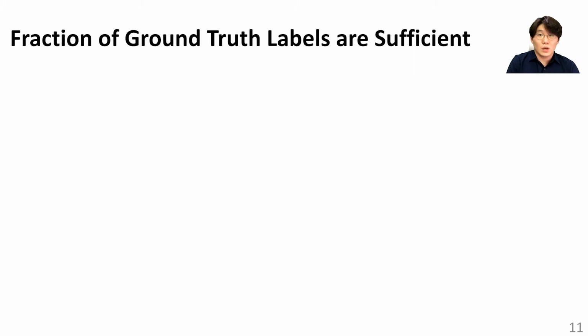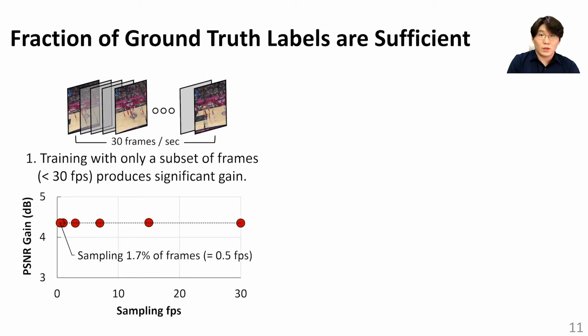To address the challenge, we rely on our key observation that even a fraction of ground truth labels are sufficient for online training. First, because video frames bear large redundancy, training with only a subset of frames still produces almost the same quality gain compared to having all frames.